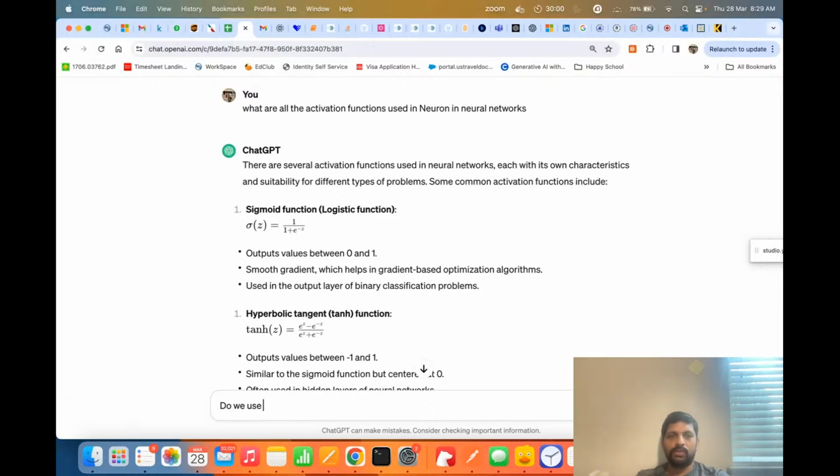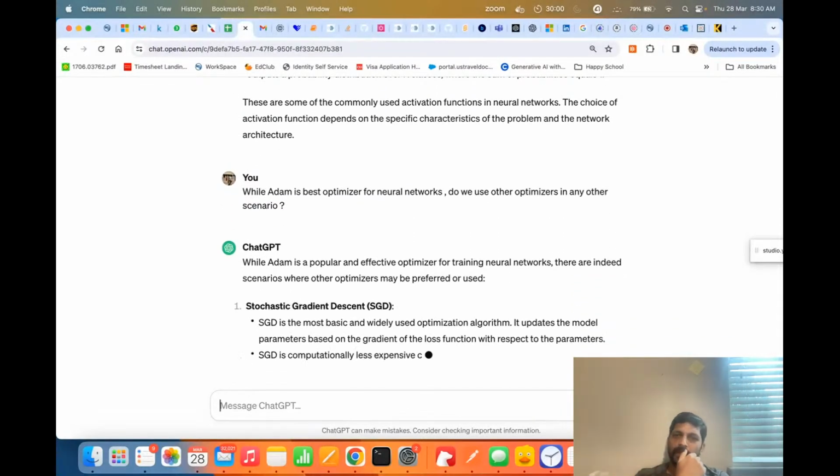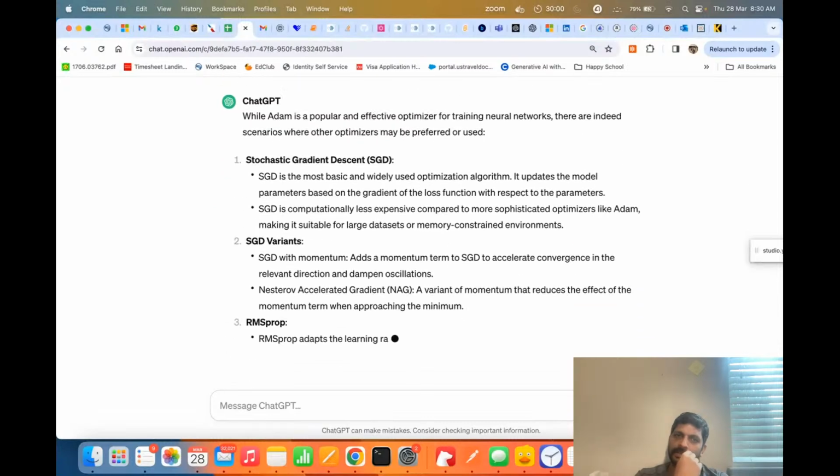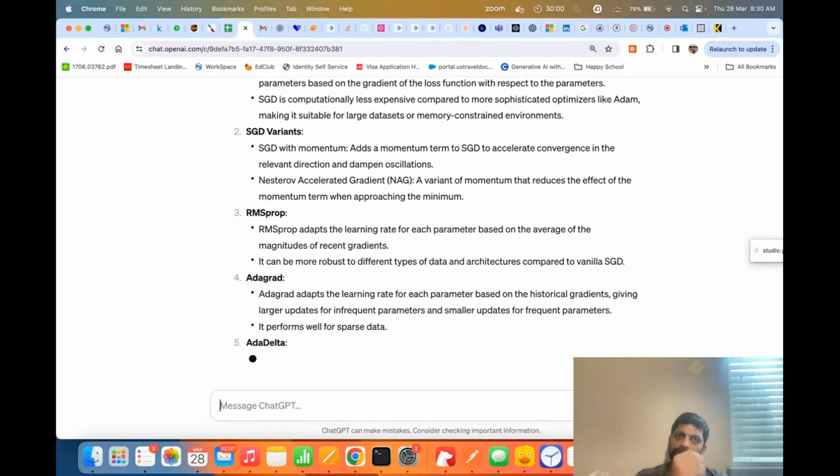Do we use other optimizers in any other scenario, while Adam is the best optimizer for neural networks? Adam is a popular and effective optimizer for training networks, but there are indeed scenarios where other optimizers are preferred.